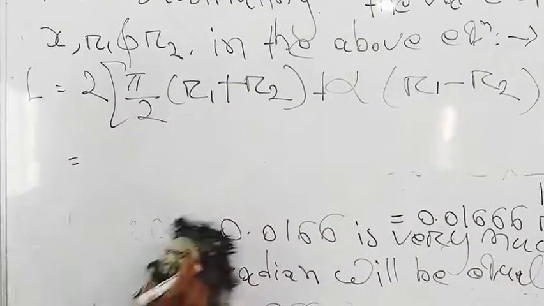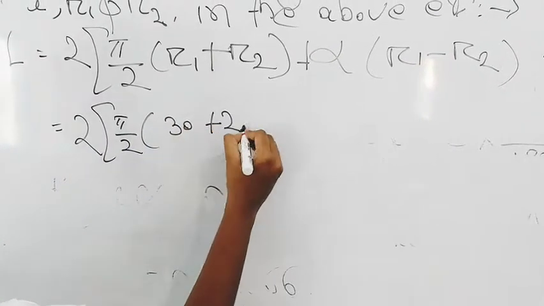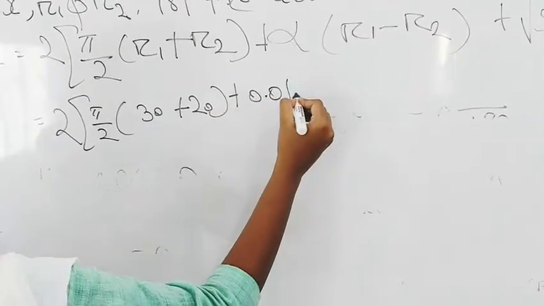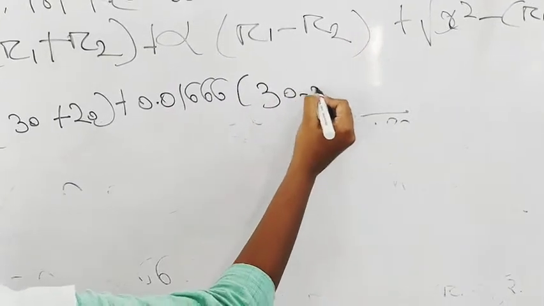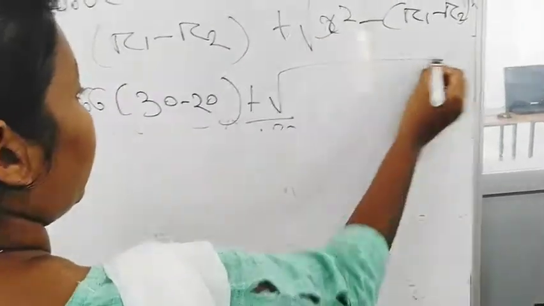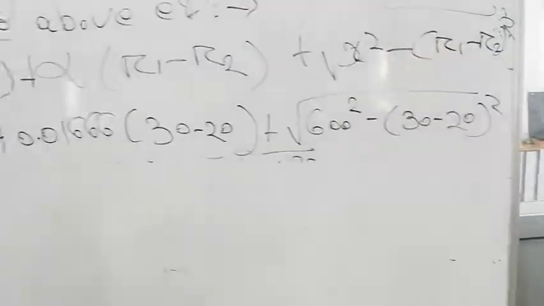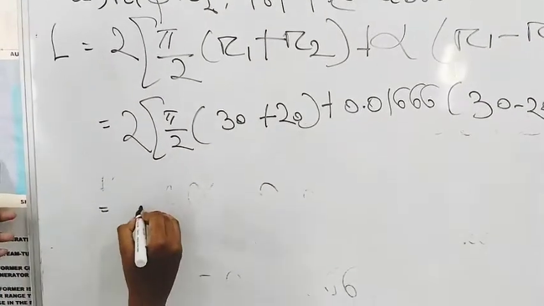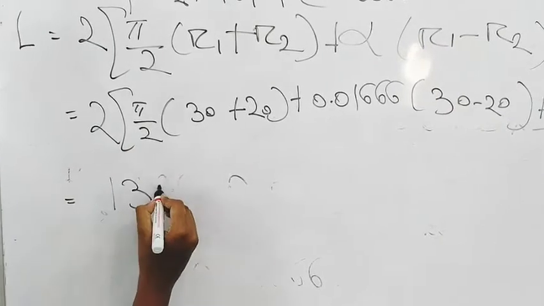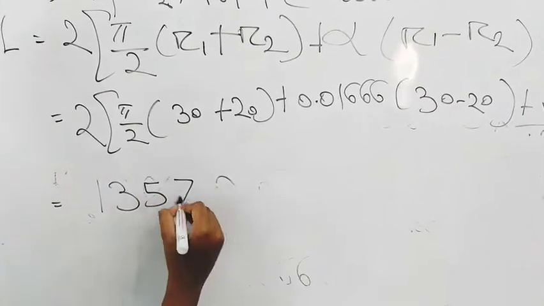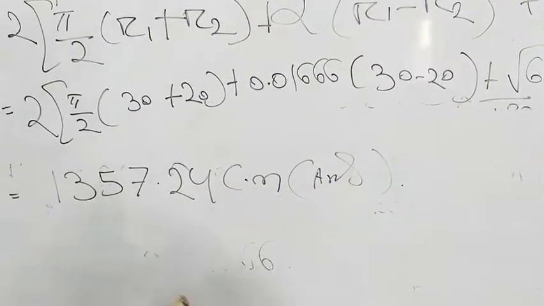Putting all these values, we get 2 into [pi by 2 (30 plus 20) plus 0.0166 (30 minus 20) plus root of 600 square minus (30 minus 20) the whole square]. After solving, the result will be 1357.24 centimeter. That is the exact length of the open belt.